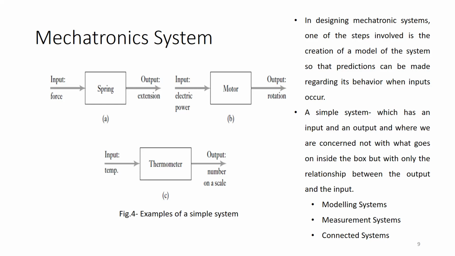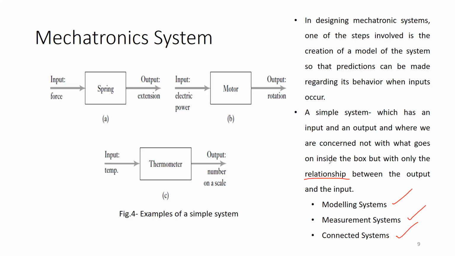So in between we have those converters or units or boxes which are able to make some relationship between output and input, and comprise the simple system. Now, according to the relationship between output and input, we have three systems: modeling system, measurement system, and connected system.